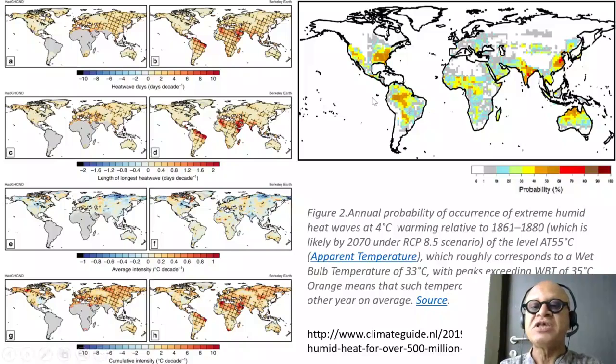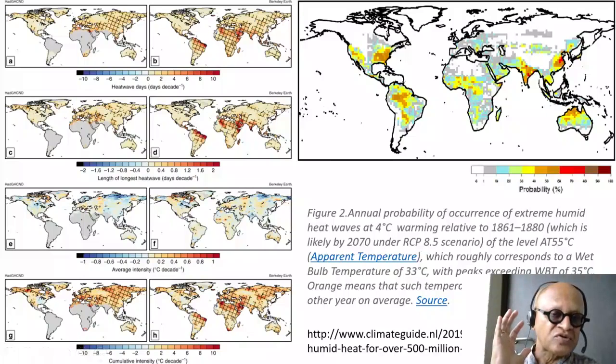We are doing humid heat waves to remember that not just the temperature, but the increase in humidity matters as well, as we saw with the wet bulb temperature table, right? So here the probability of the increase in 4-degree extreme heat waves is being shown, and this is for a particular temperature that will be accomplished in RCP 8.5. We haven't gone into those details.